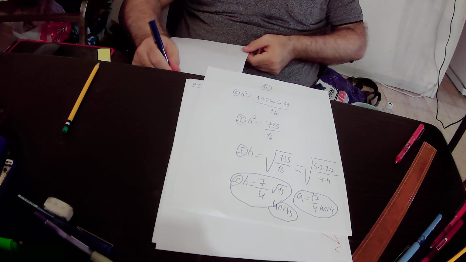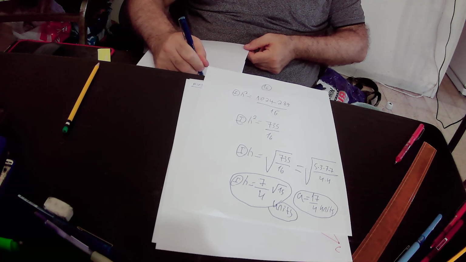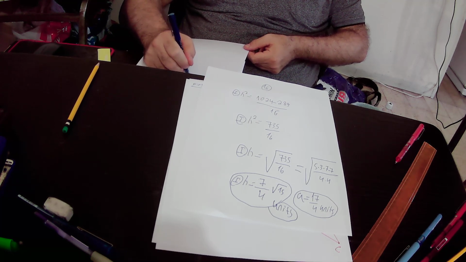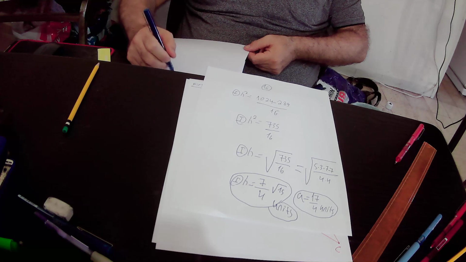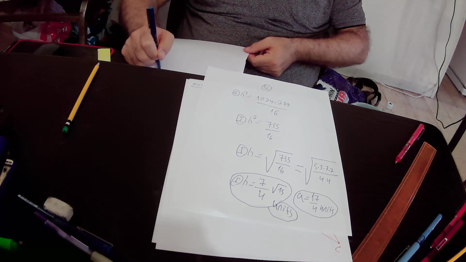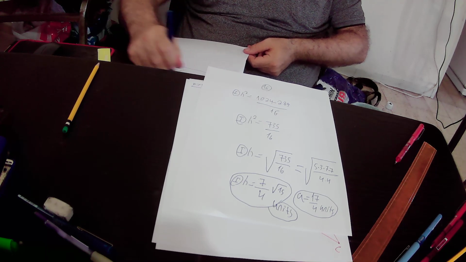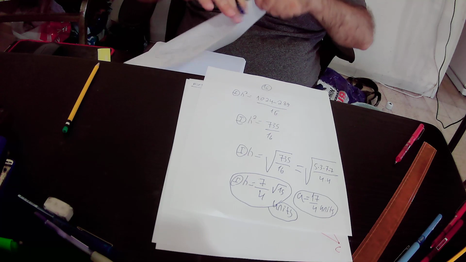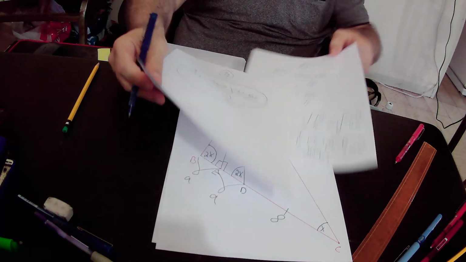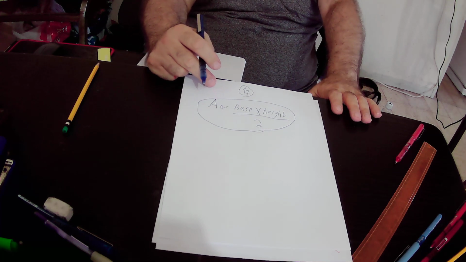Okay, so what is the area of any triangle? The area of any triangle equals the base of the triangle times the height to the base over 2. This is the formula for the area of any triangle.